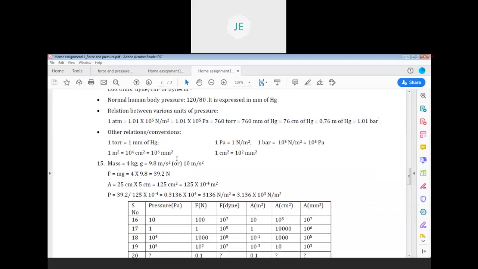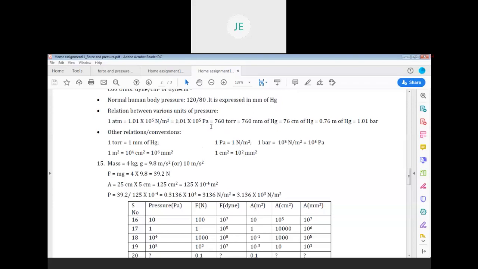There is a relation between units of pressure also, which we have learned. 1 atm is 1.01 into 10 power 5 Newton per meter square, and 1 Newton per meter square is the same as Pascal. 1 Pascal is nothing but 1 Newton per meter square.